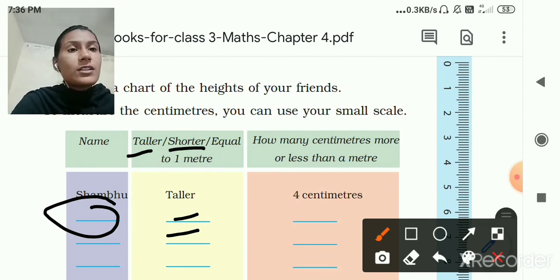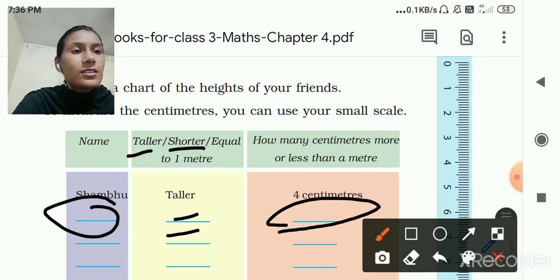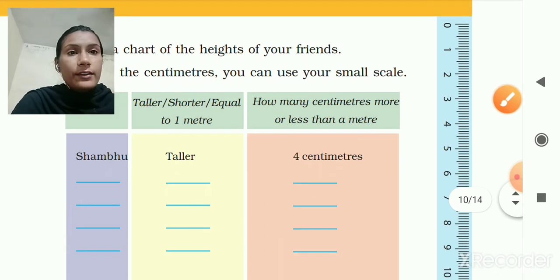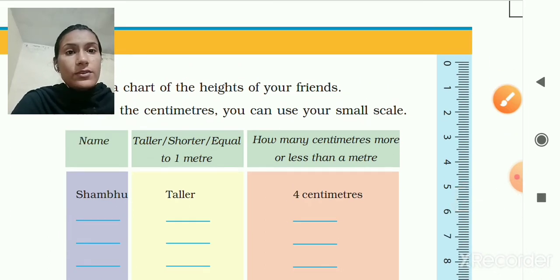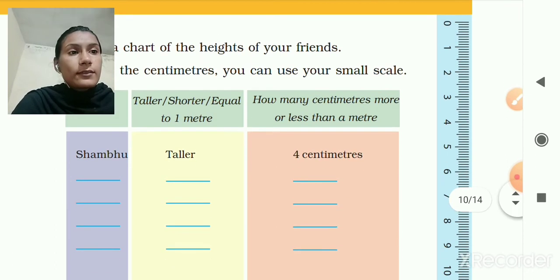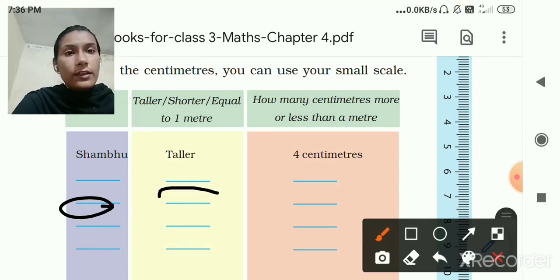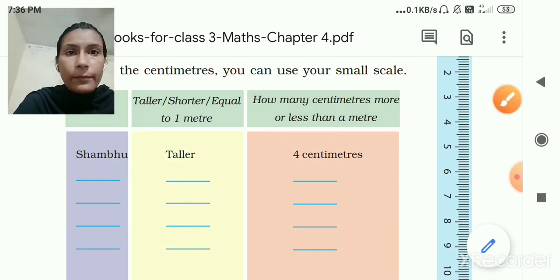Then write how many centimeters more or less than a meter. So this is a simple activity. If you have a measuring tape, you can play with your friends.